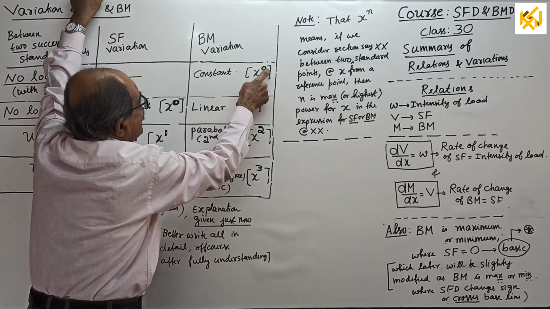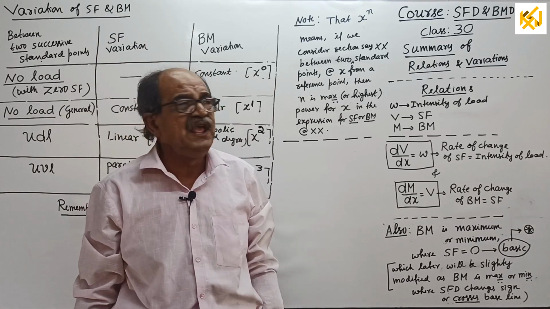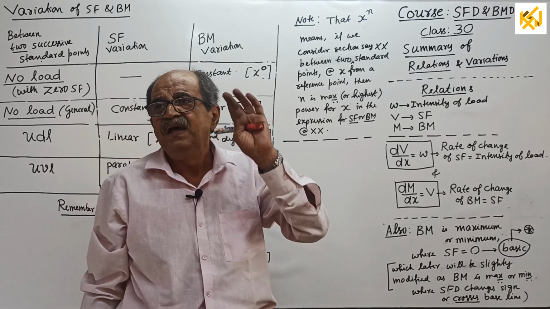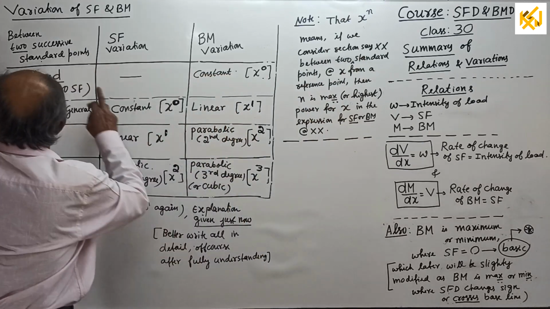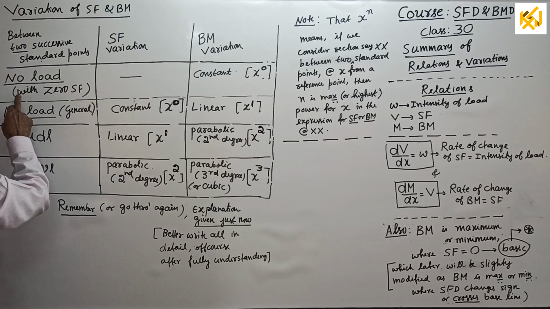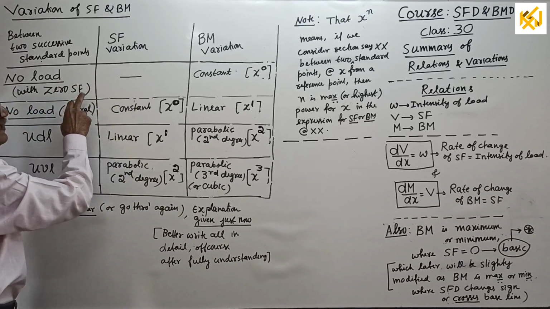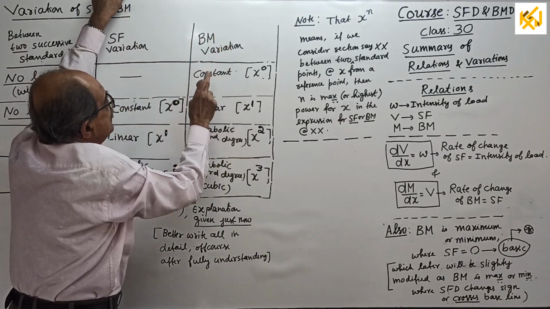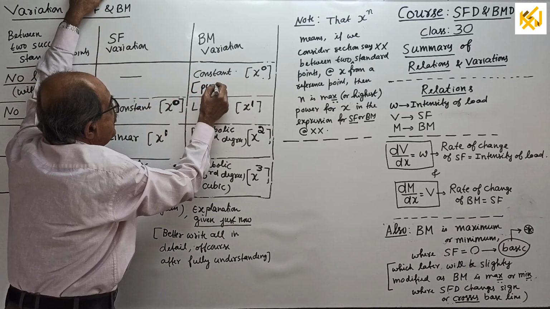So what I wrote is, if you write the expression for shear force or bending moment, whatever x is the variable, the highest power of x is that n, x power n. Between two successive points, this was all explained earlier, we proved it. If there is no load and zero shear force, the BM variation is constant, and remember, this is called pure bending.